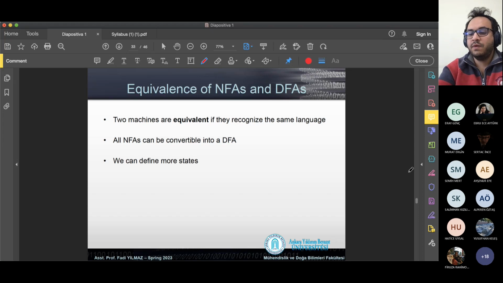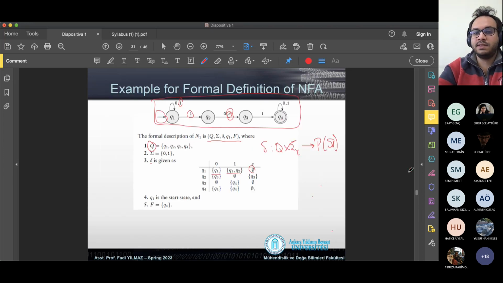Which means that for an NFA, it doesn't matter what it is, we can convert it to a DFA that does exactly the same thing, that accepts the same language. Therefore, since all NFAs are convertible to a DFA, or you can find an equivalent DFA for an NFA, these two sets are the same. They are computationally equivalent.